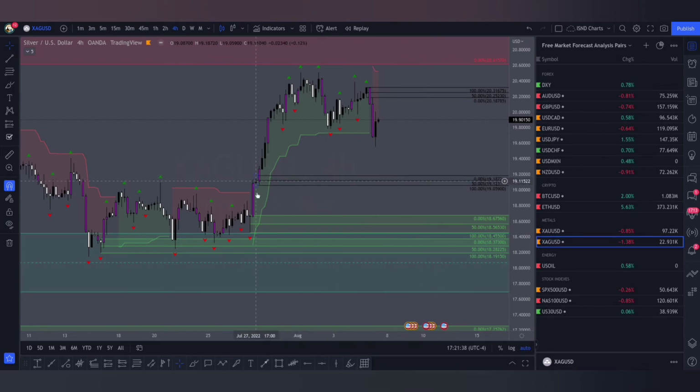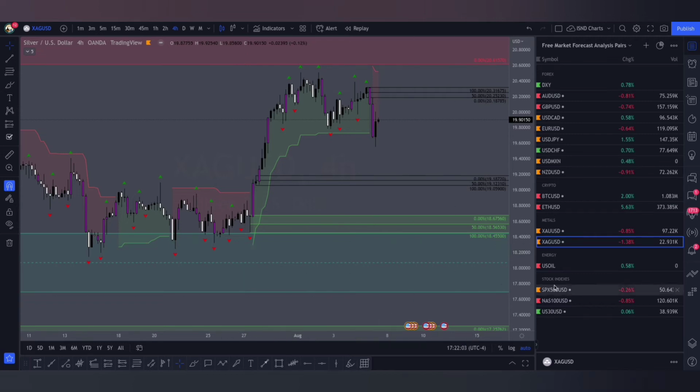We do have a couple of unmitigated 4-hour demand zones that we could also see price pop into, and we could definitely take this to the upside. But right now the currency bias is consolidation. However, supply is in control, and so from the onset I will be looking to sell silver when the market opens.